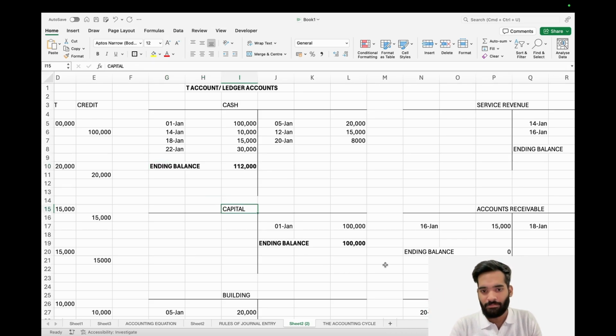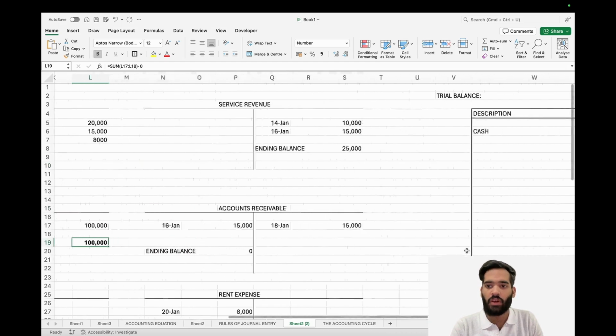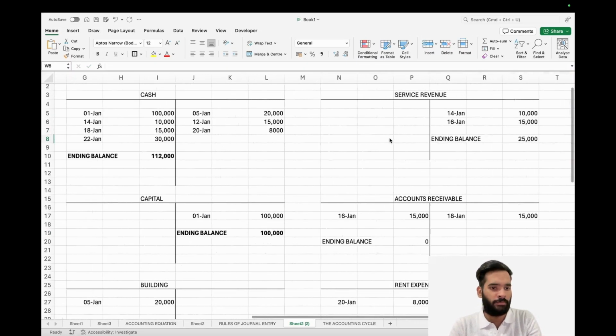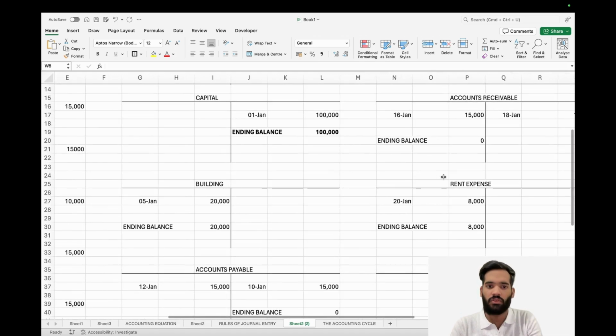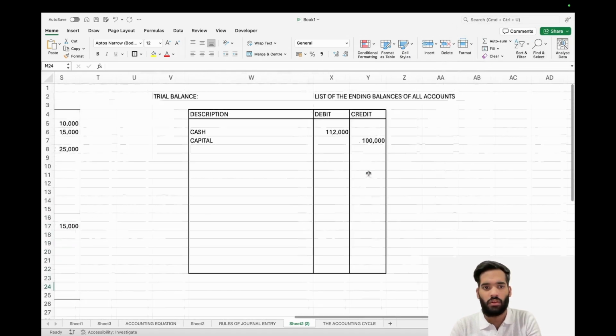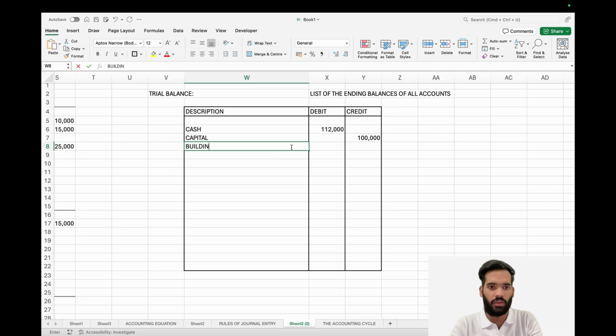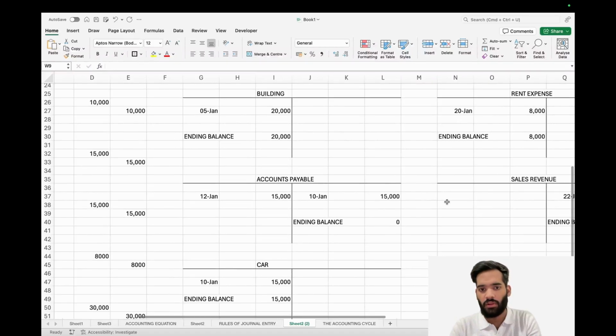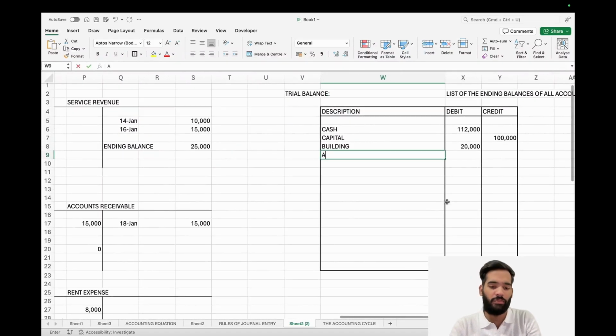For capital, we'll do the credit side, 100,000. So capital 100,000 credit. Building 20,000 debit. And then we have accounts payable, 0 credit. You don't have to write it, but let's write it anyway just to make it complete.